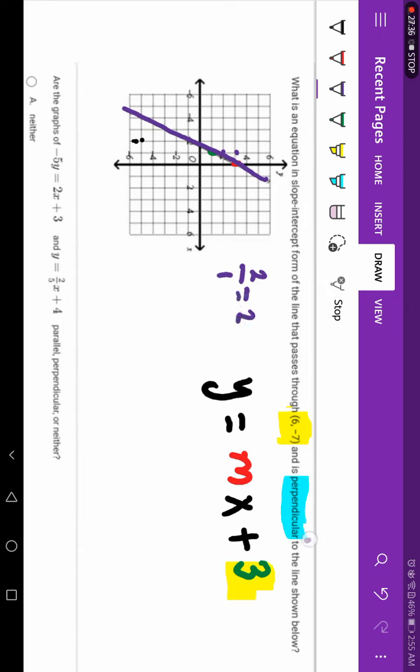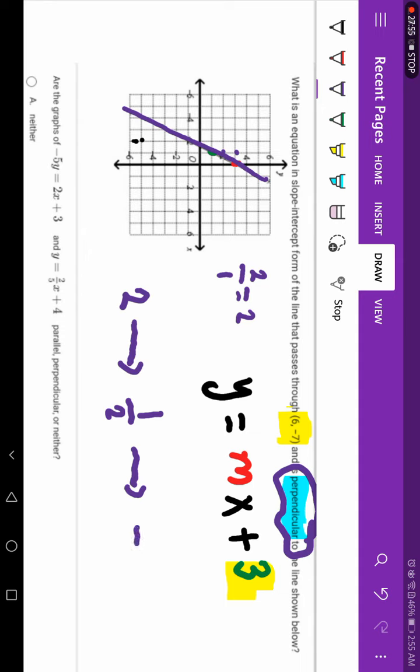But remember, he said to write the perpendicular line. So teacher, if I have to make it 1 over 2, then I have to opposite the sign. It will be negative 1 over 2. Yes, my dear student. Yes.